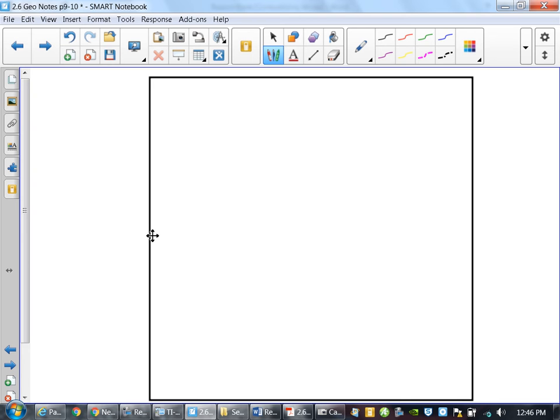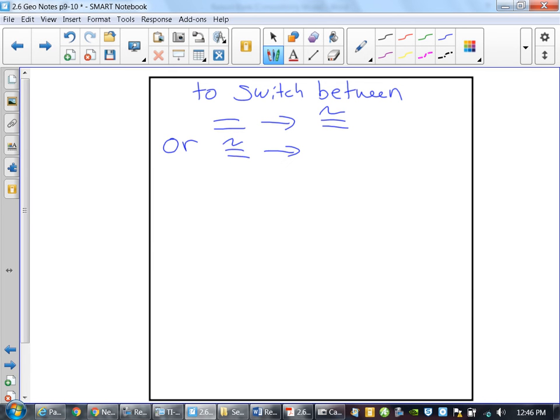So to switch between equal to congruent or congruent to equal, you can switch between equal and congruent, or from congruent back to equal, with one very simple step.